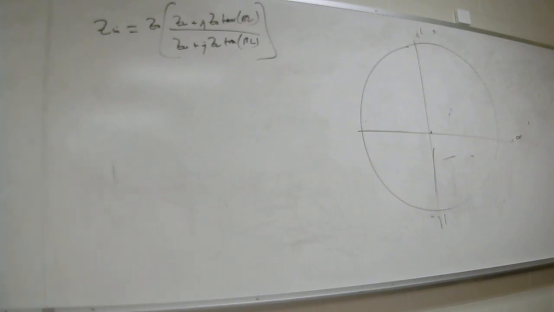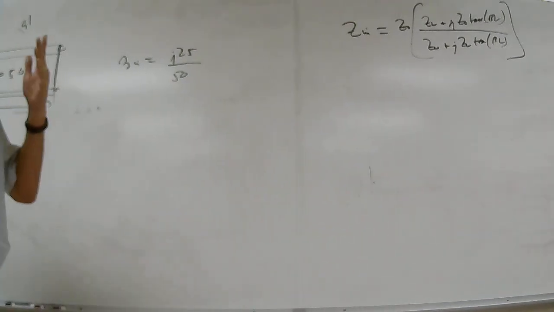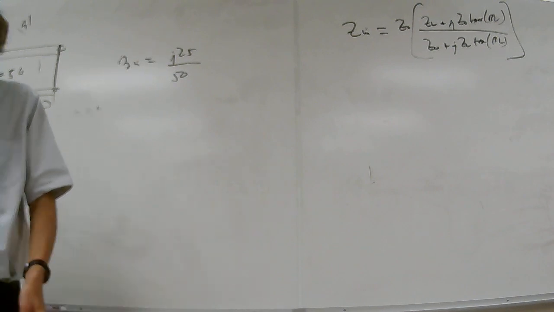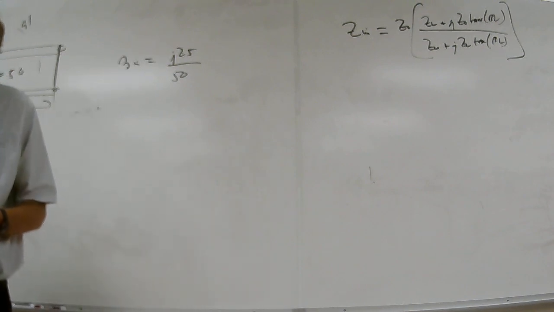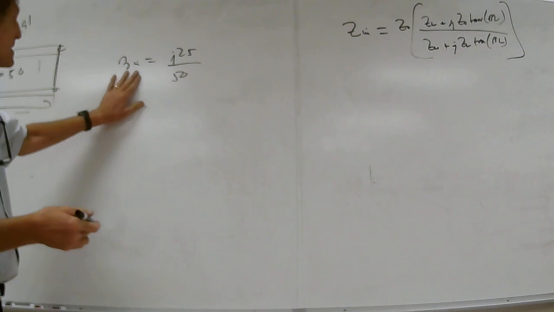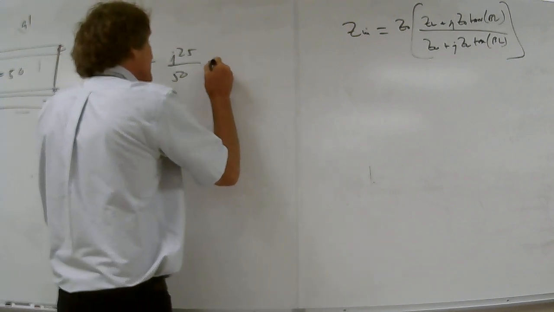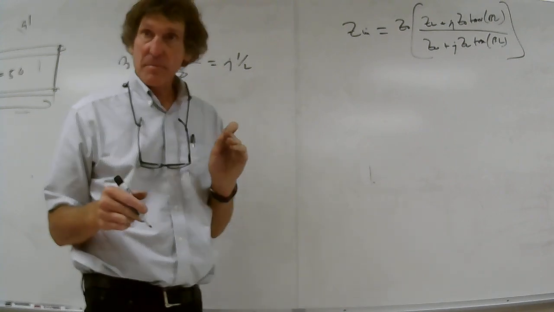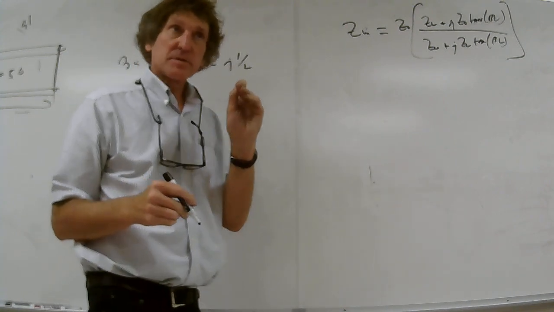If that's the Zn, the normalized Zn right here would be J25 over 50. You all follow me on this? That would be the normalized input impedance, because the load impedance we always start with by dividing by Z0, and we get the normalized value, correct? So this is the normalized input impedance, which is really going to be J1/2, right? Y'all hear me? Yeah. That's the input impedance we measure.